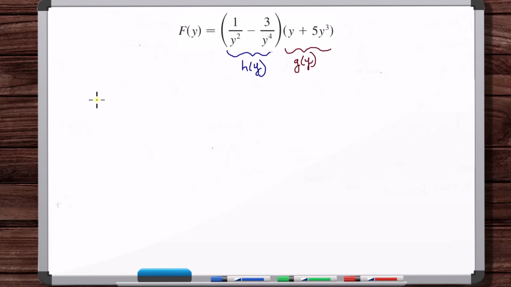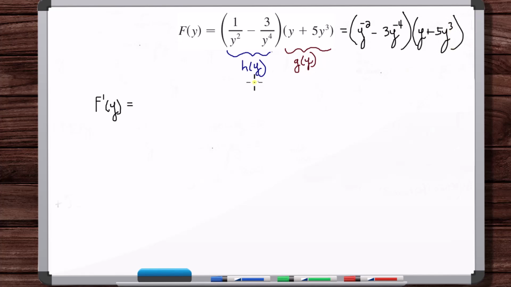All right, so f prime of y is equal to, now we can write this as y to the minus 2 minus 3y to the minus 4, and then y plus 5y cubed.